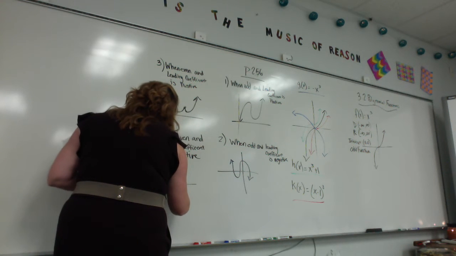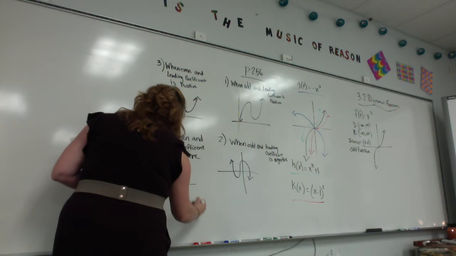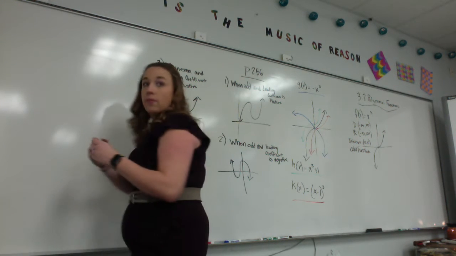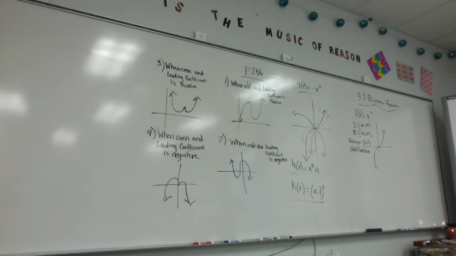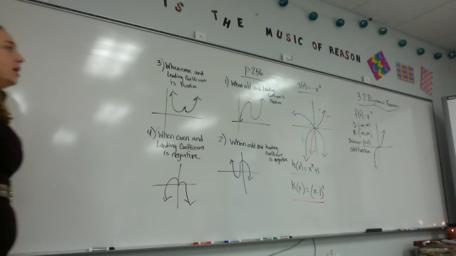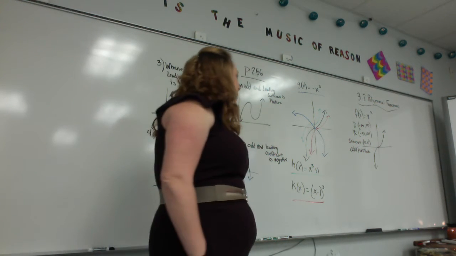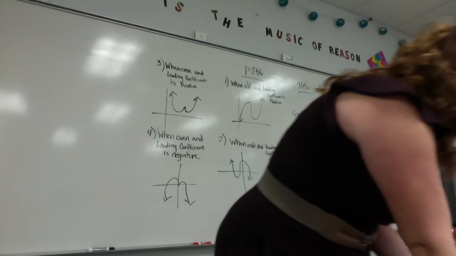More like an M. Depending on what the leading coefficient is and what the power is, that determines what type of graph I'm going to end up having. When it's odd, it's more like an N. When it's even, it's more like a W.